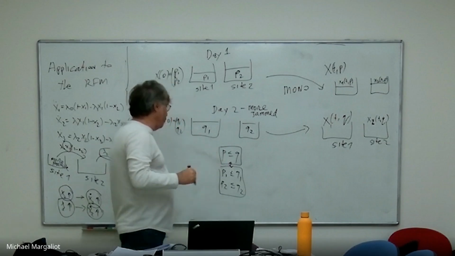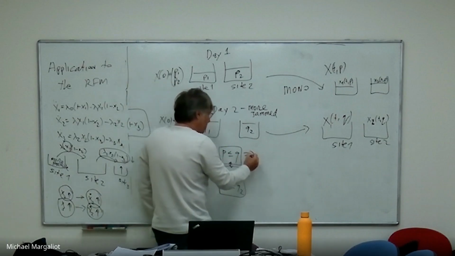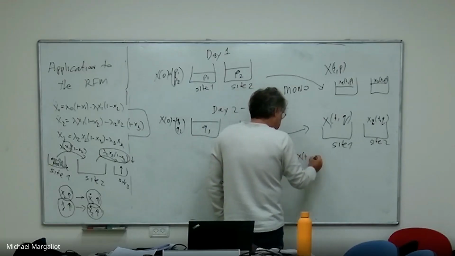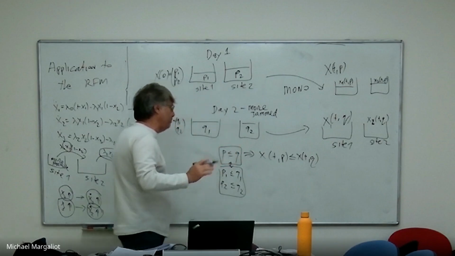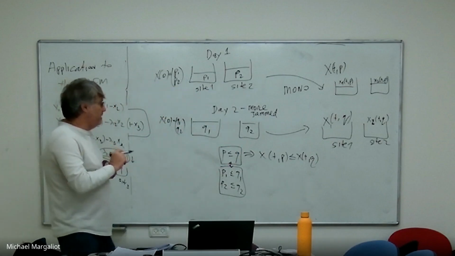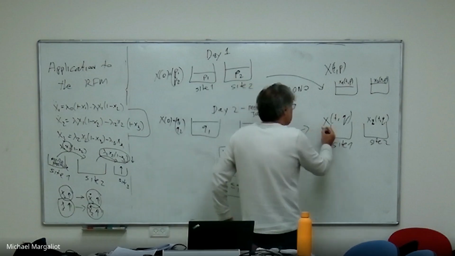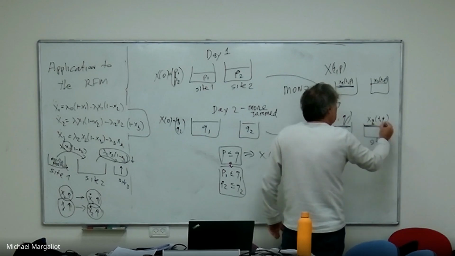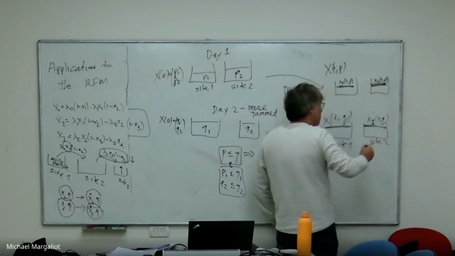And what does monotonicity mean? Monotonicity means that X(T,P) is smaller or equal to X(T,Q) at any T. So fix some time T. What does this mean? This means that this will be more jammed than this, and this will be more jammed than this.